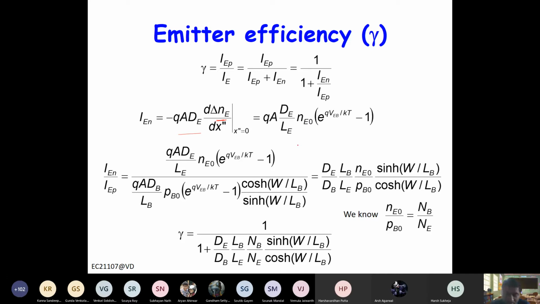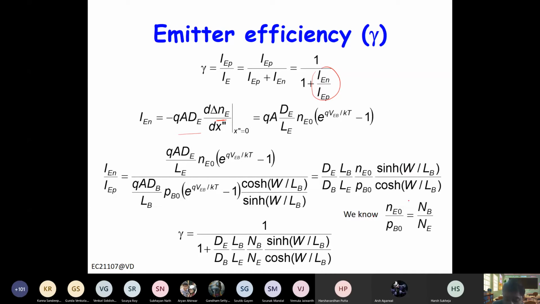IEP is the derivative of hole concentration in the base at the base-emitter junction. And if you take this ratio of IEN by IEP, q and A will cancel out, but D by L for the emitter and DB by LB will be there. And this is coth W by L at the bottom. So if you take 1 by this, it becomes tanh W by LB.